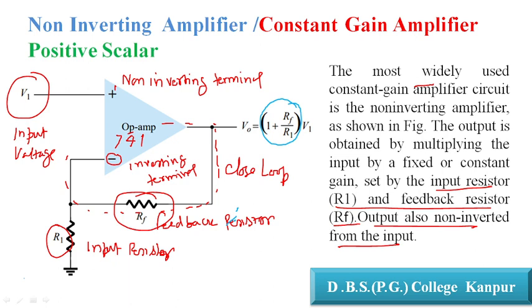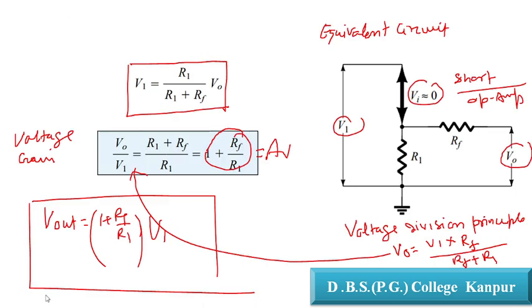So always keep in mind that these are very important calculations about the non-inverting amplifier. The calculation is done in two ways. One is the equivalent circuit method, using the voltage division principle, where you get the formula Vout equal to 1 plus Rf upon R1 into V1, meaning the input is amplified by 1 plus Rf upon R1 times.